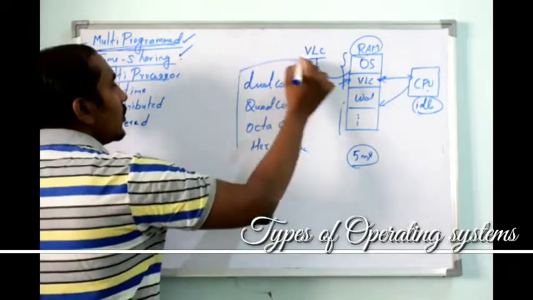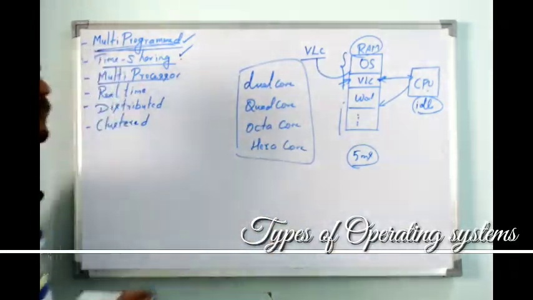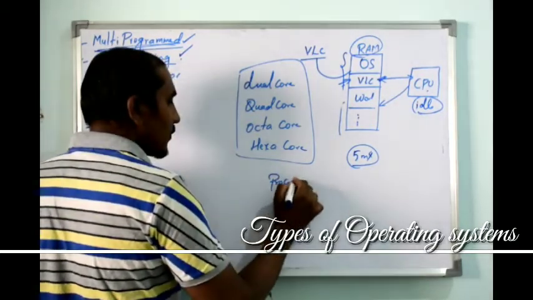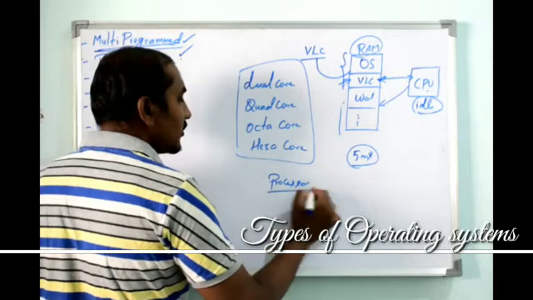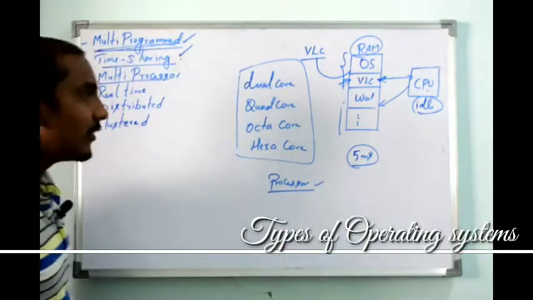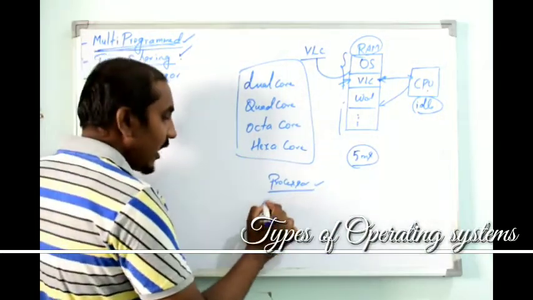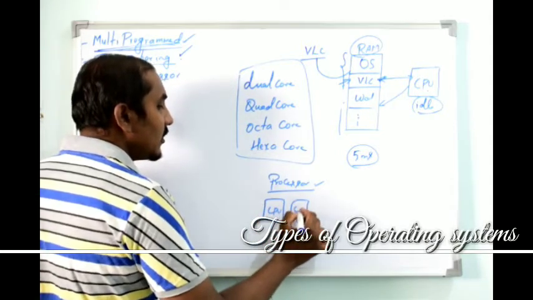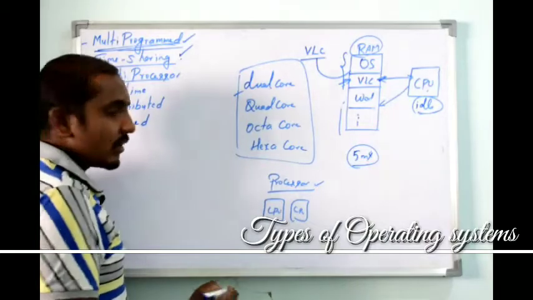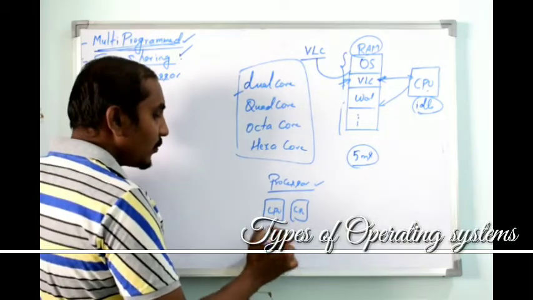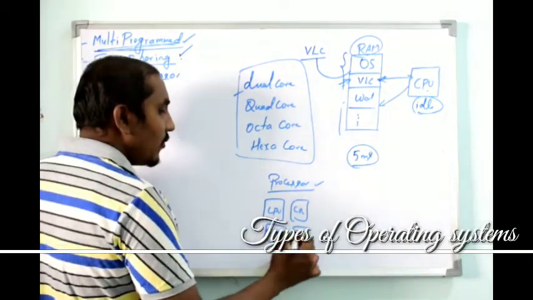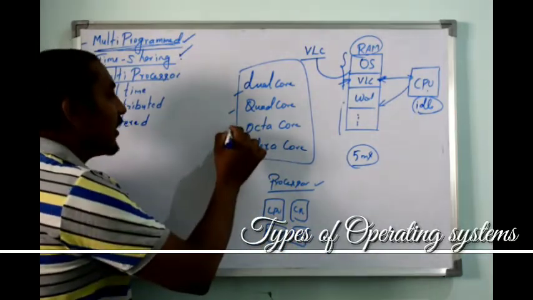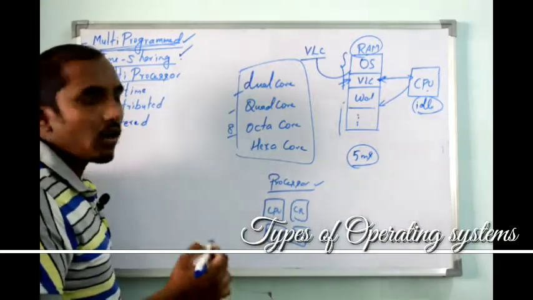What these are is this: whenever you consider any CPU or processor, this microprocessor is a device that has these things. If a microprocessor has two CPUs, it is considered dual core. If a microprocessor has 4 CPUs, then it is called quad core. Similarly, if it has 8 cores, then it is called octa core.